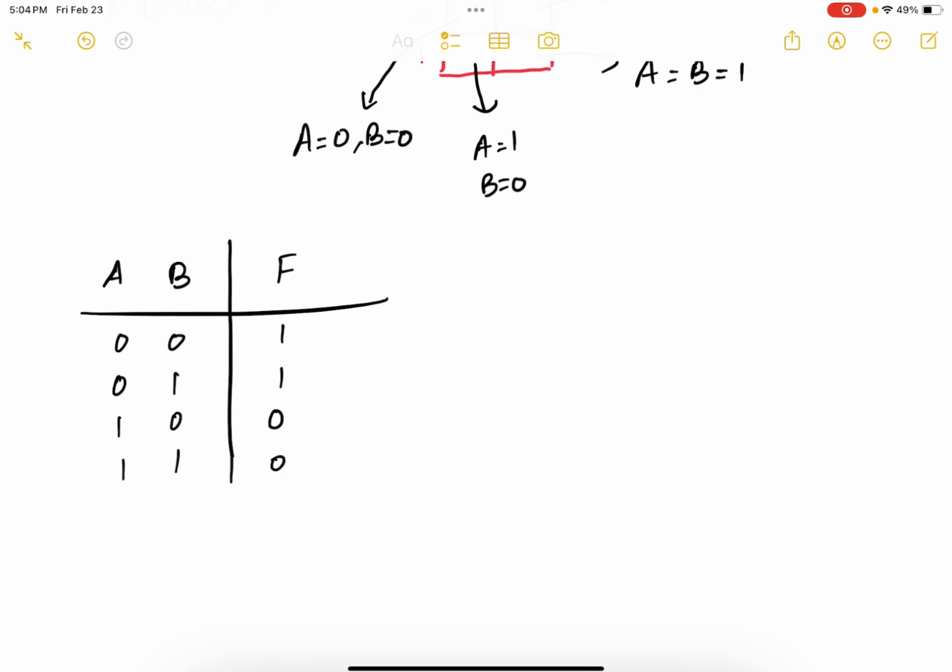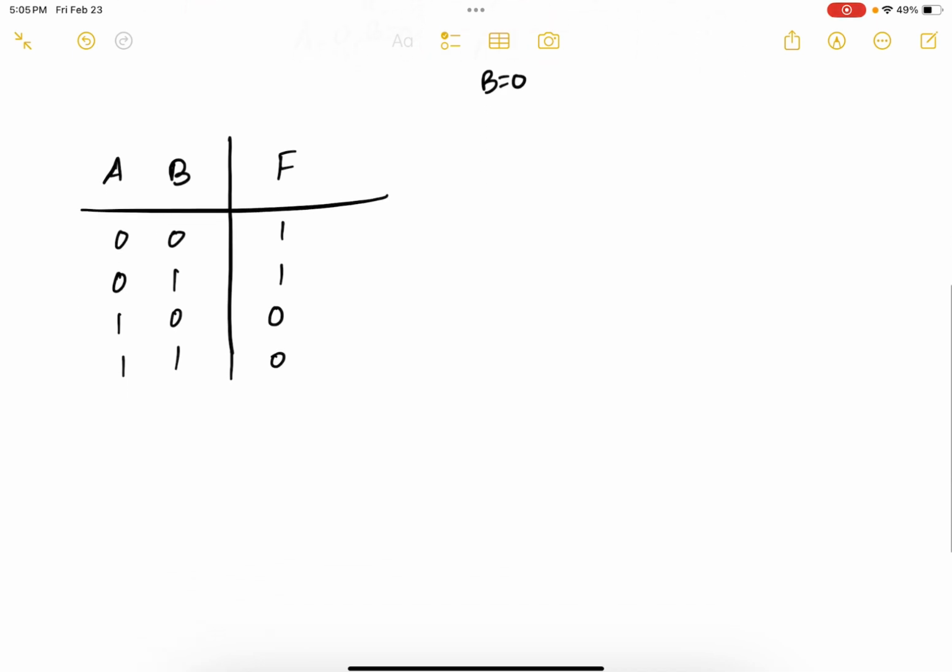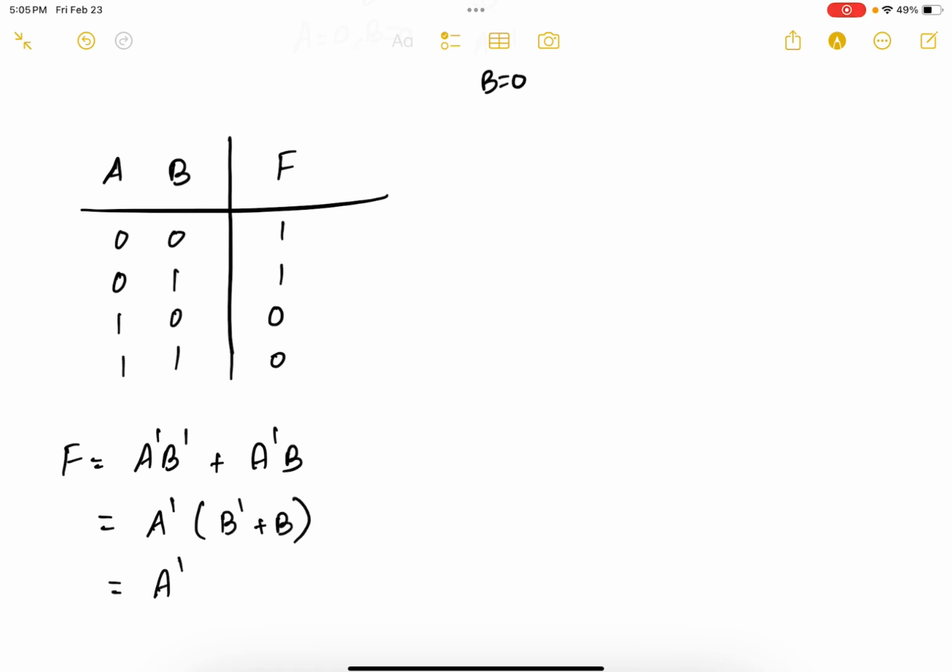Let's first try to simplify this Boolean expression using Boolean laws and theorems. So your f is a'b' or a'b. Now what you would have done is taken a' as a common term and written b' plus b, which is nothing but a'.